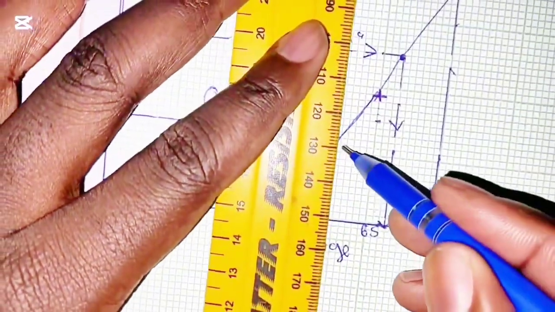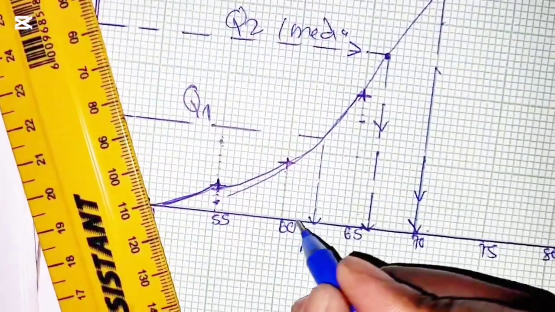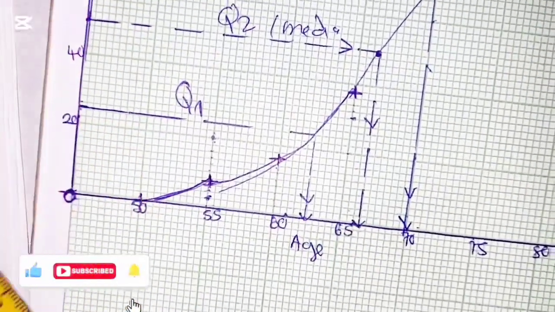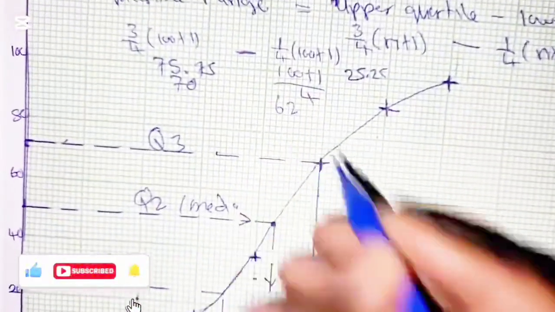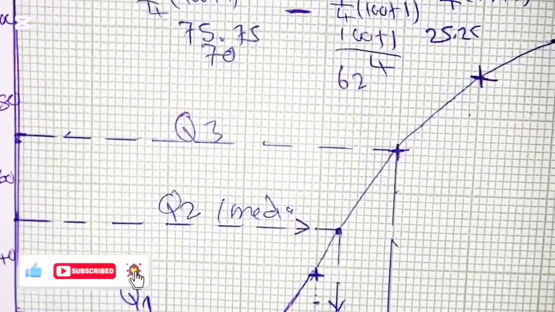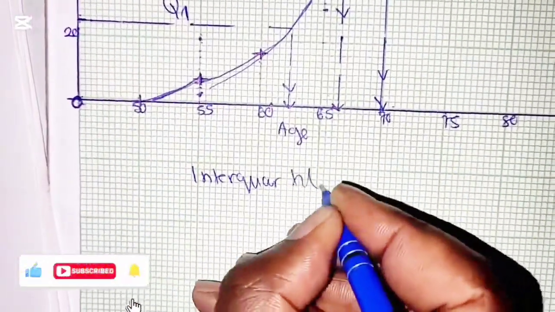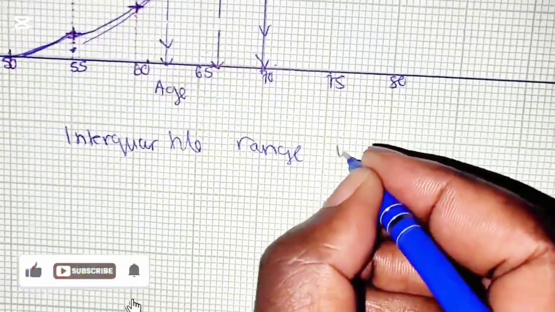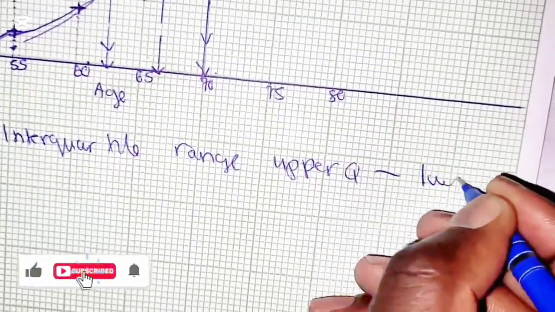Right, so right here, what do we get? This is 61, 62. Okay, so we get 62. So we're going to say the interquartile range is upper quartile minus lower quartile.